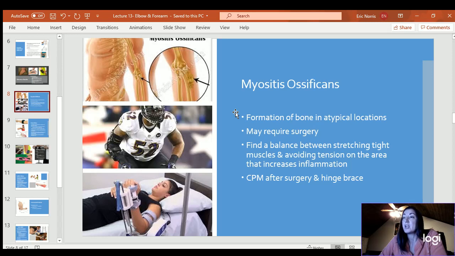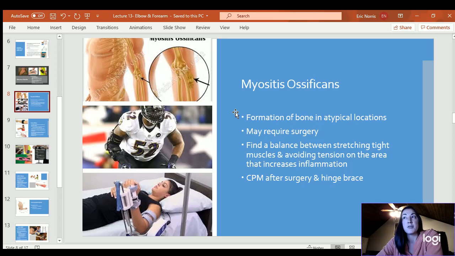So you have to find a balance between stretching the area and avoiding tension on the area. Stretching in itself, although you're trying to lengthen the muscle so that there's less tension on the area, the stretch itself puts tension on the area. So you have to find a really gentle stretching technique that can help lengthen the muscle so that there's not as much tension on there all the time, but also doesn't overstress the area while you're stretching it.